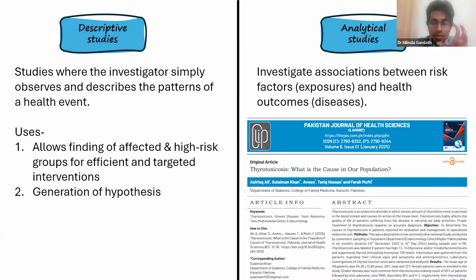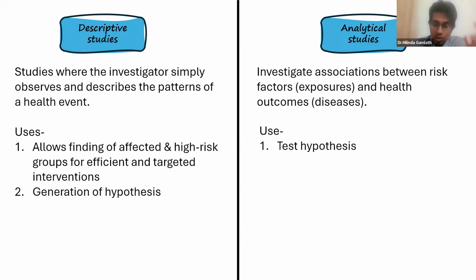This is an analytical study which looks at factors associated with, factors causing thyrotoxicosis. The use of analytical studies is to test the hypothesis, right? That is very simple. Descriptive studies describe a certain health event and generate a hypothesis. Analytical studies test that hypothesis.